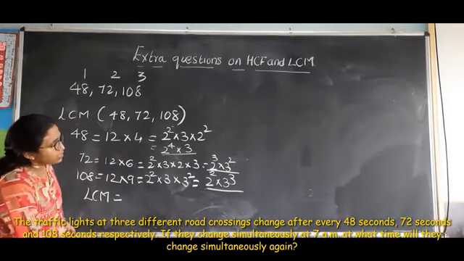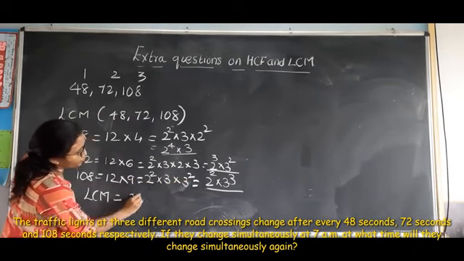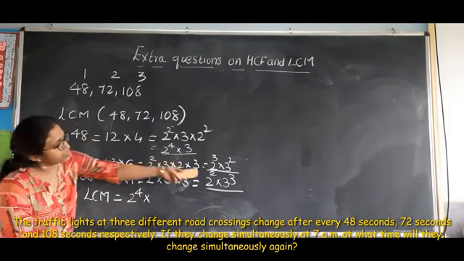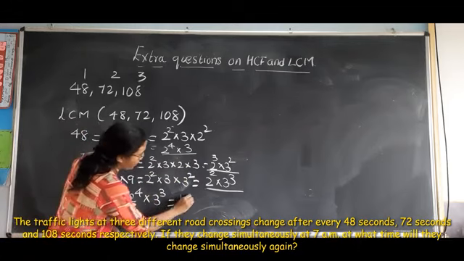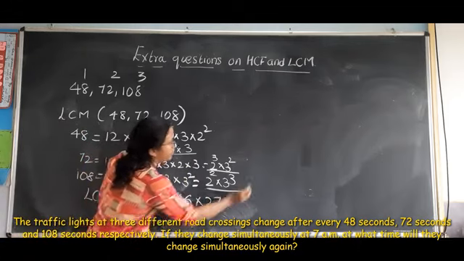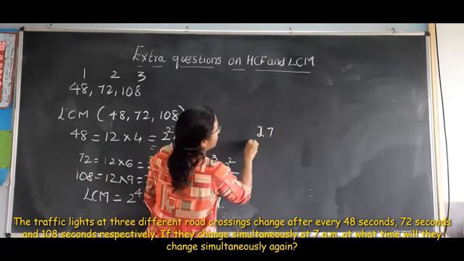So when I take the LCM of this, we have 2 raised to 4 as the greatest power. Next we have 3 cube. Correct? So this is 16 into 27. So the 27 into 16.